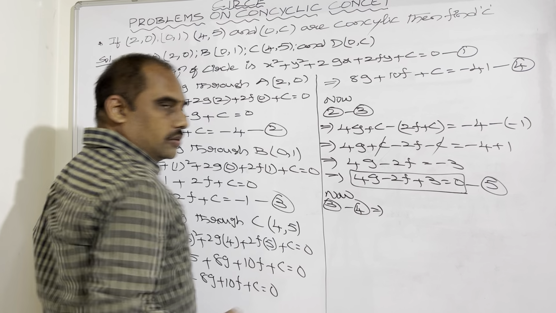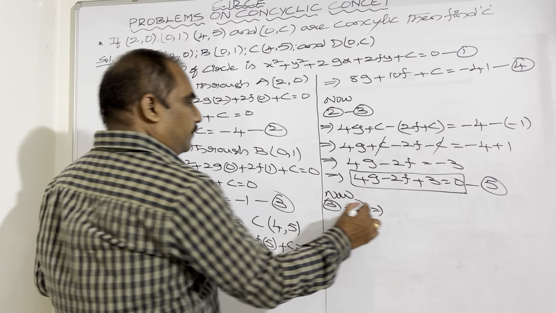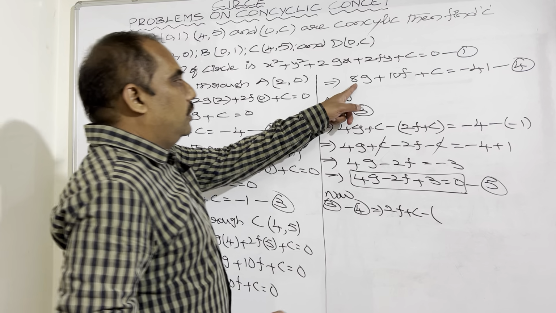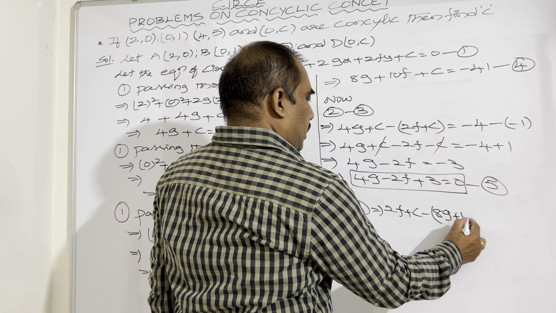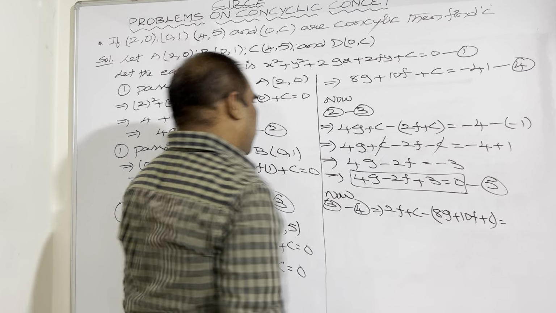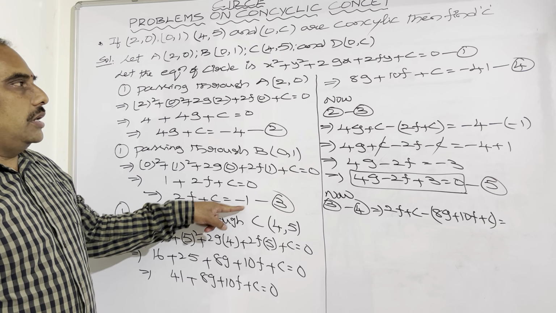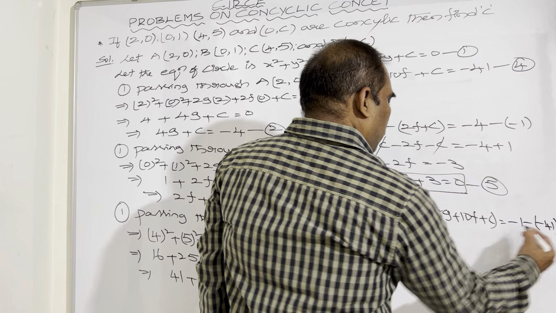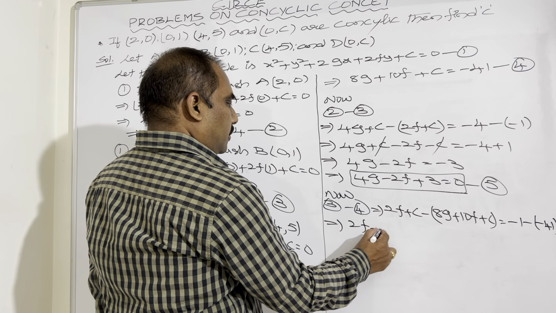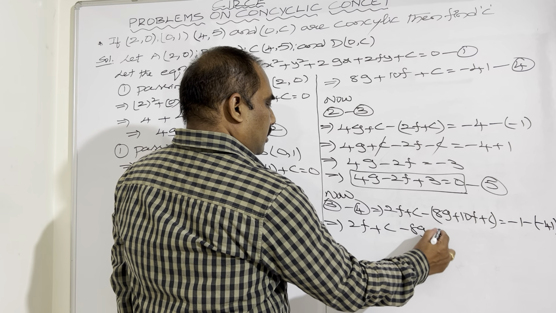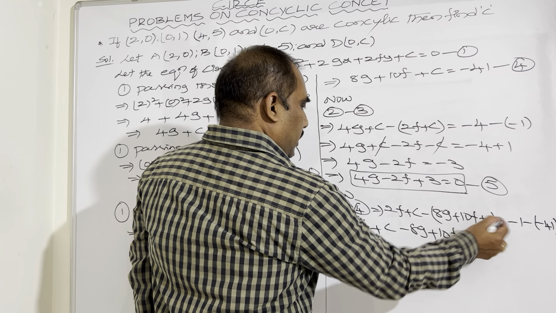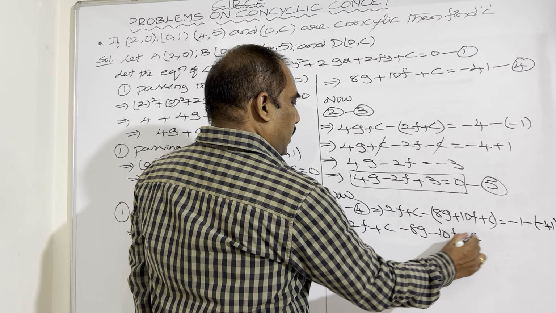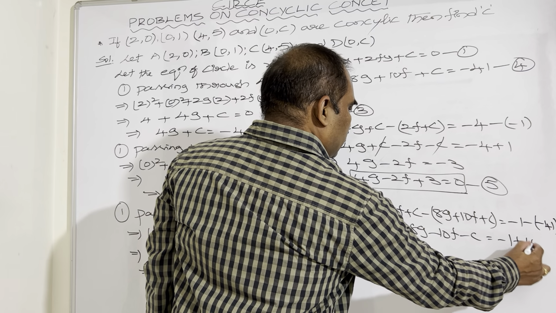We have 2f plus c minus 8g plus 10f plus c is equal to, on the right-hand side, minus 1 minus of minus 41, which is minus 1 plus 41.